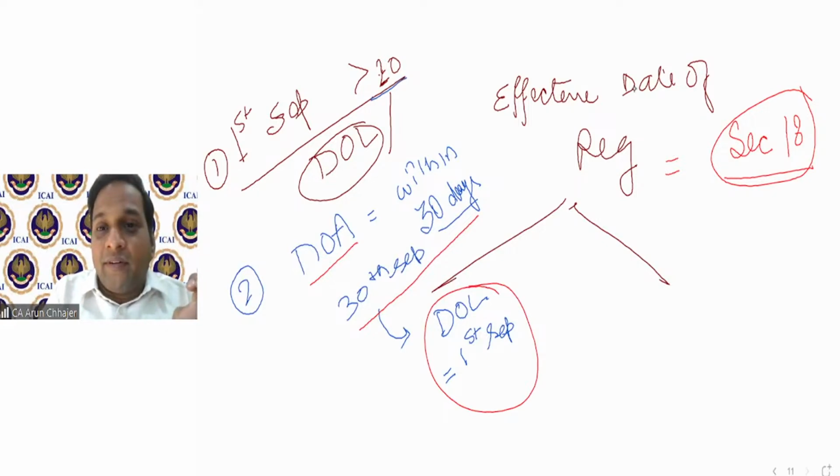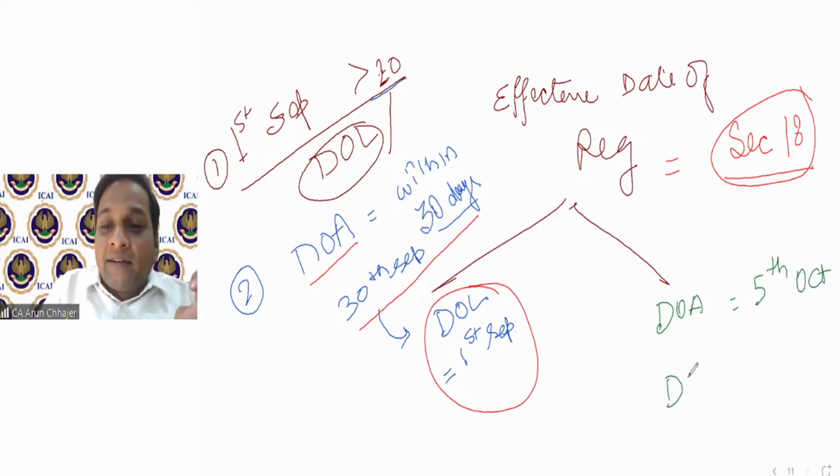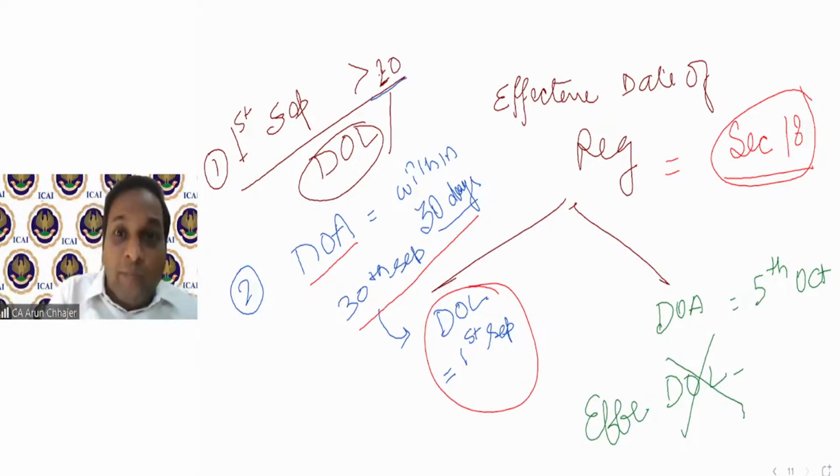And if the date of application is, let's say, 5th of October, then they are saying the effective date would not be the date of liability. What is the effective date?